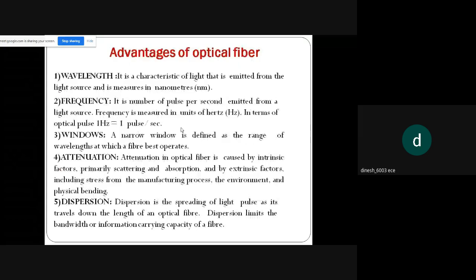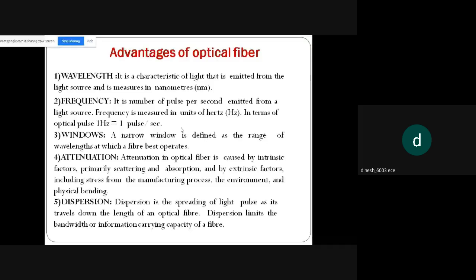So let us see the advantages. There are 5 advantages of the optical fibers. First one, the characteristic of light that is emitted from the source is measured in nanometers. So the measurement of wavelength in terms of nanometers is very much easier.